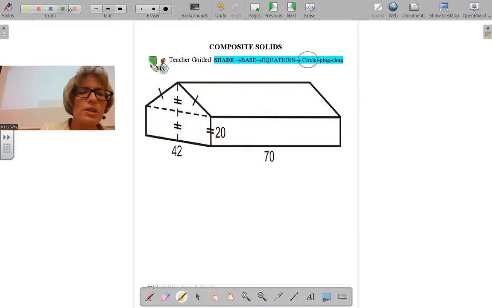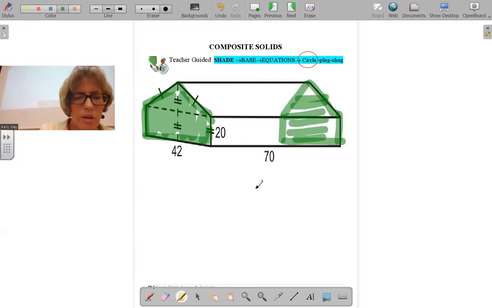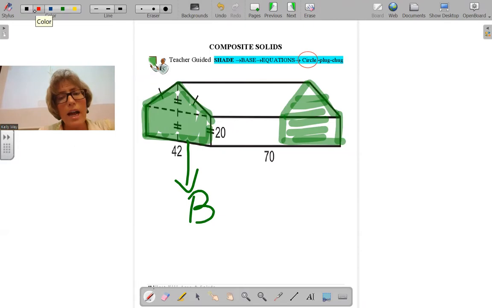So our bases are going to be this pentagon, 1, 2, 3, 4, 5. And then your other base is going to be on the other side that you can't see. So this is going to be your capital B. Your height is the distance between the bases.